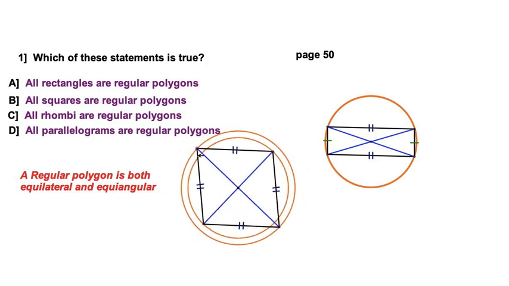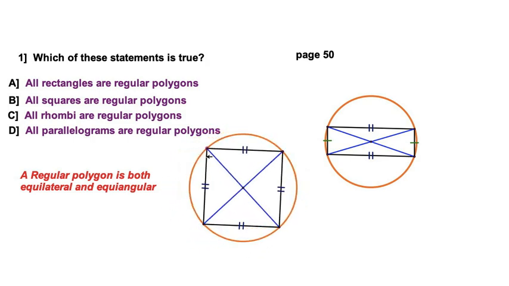And when I cross through right there, bingo, that rhombus is now inscribed in a circle. This rhombus is now equiangular, and that means it's equiangular and equilateral. This one is the only one of those four figures that's going to be regular. So let's see what we have here. Rectangles? No. Squares? Yes. Squares are regular polygons.